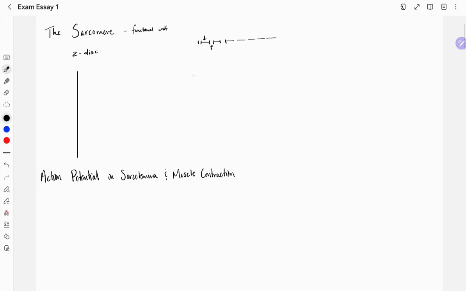And this is where action happens. Again, you have multiple of these along a single muscle fiber. And I'm going to draw like this.